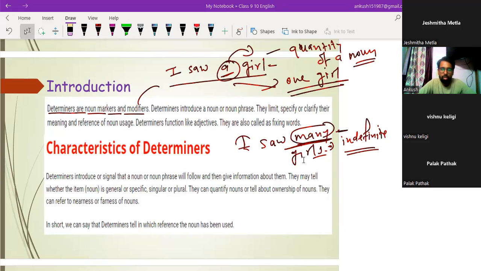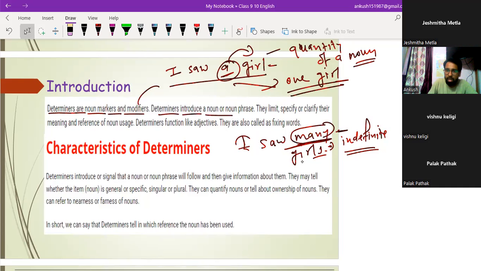So this is also a determiner, but an indefinite determiner or quantifier. That quantity is unknown to us. That is why it is said that determiners are modifiers and even the makers of the noun.